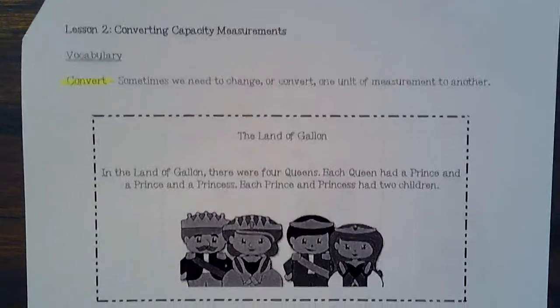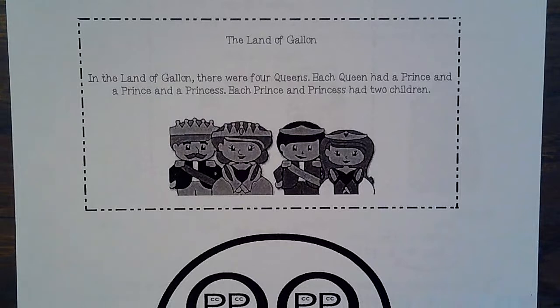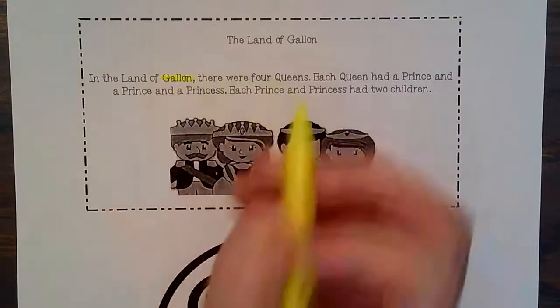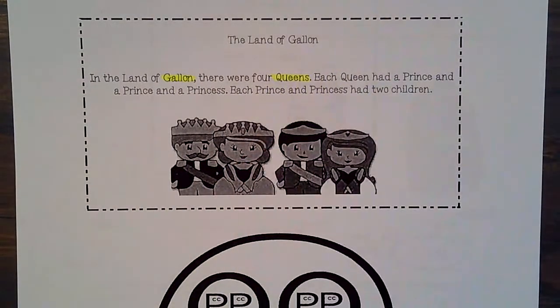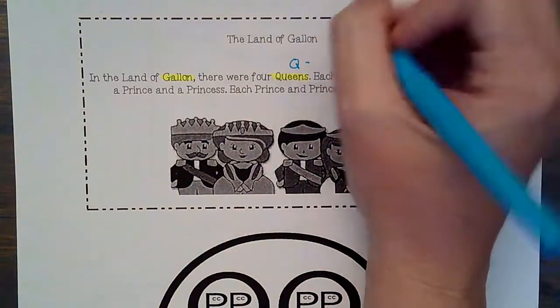Let me talk to you about a little story first. And if you can remember this story, learning your conversions for capacity is going to be super easy. We're going to talk about the land of gallon. In the land of gallon, remember that gallon starts with a G, first of all. There were 4 queens. Queen starts with the letter Q. Guess what else starts with the letter Q?